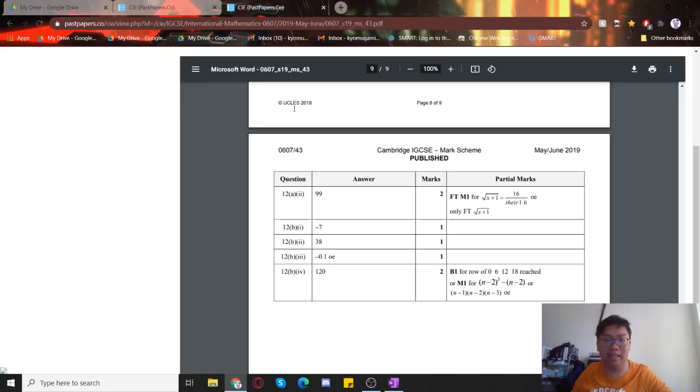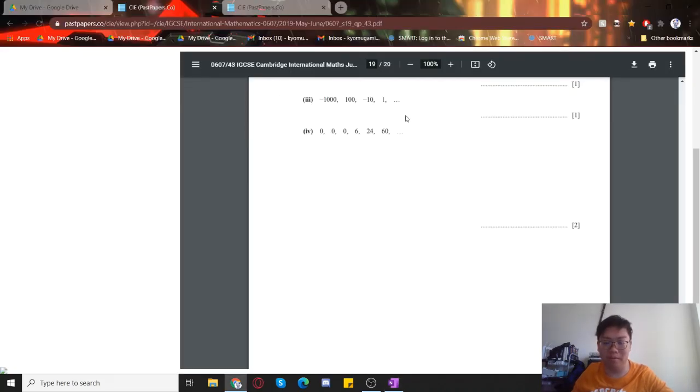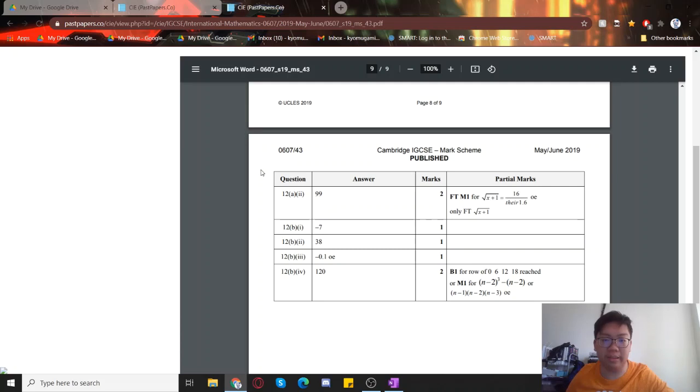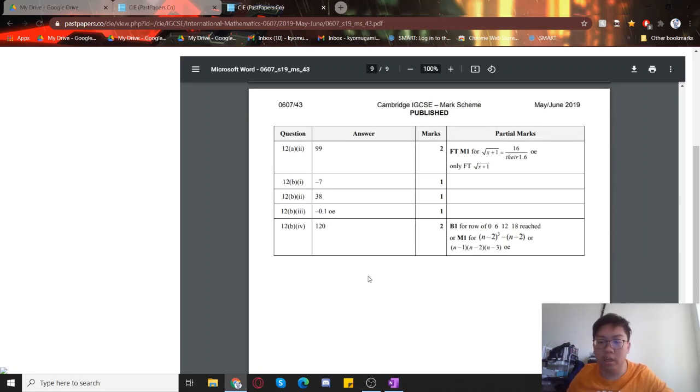120. Interesting. I have some qualms with that. Mainly because... Oh, wait, no. Let's see their explanation first. No, yeah, that's fine. B1 for row. Okay, so they do expect you to use some form of equation.